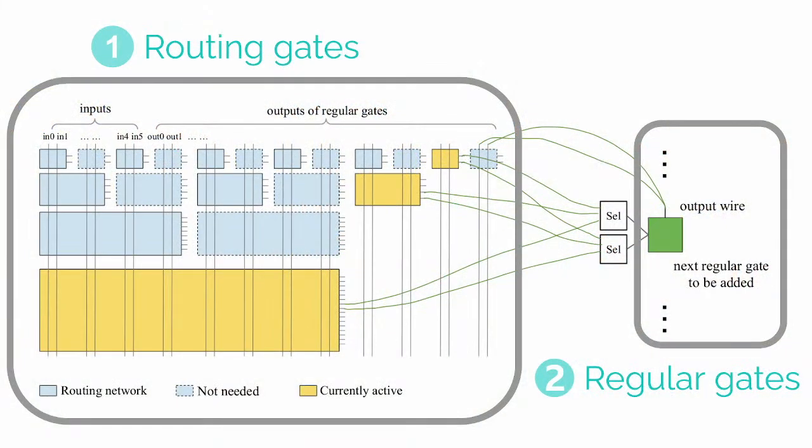So the routing is done from faraway places, through the golden color. For this particular gate, they are connected to these three gates. It's similar in spirit to Valiant's universal circuit.